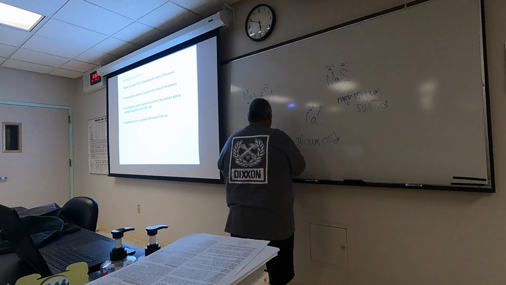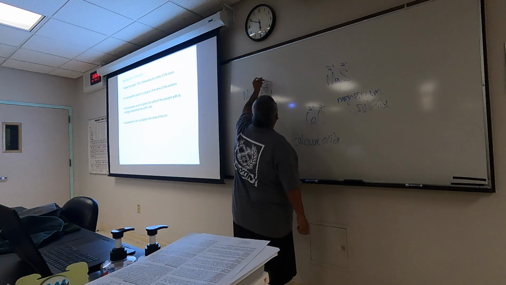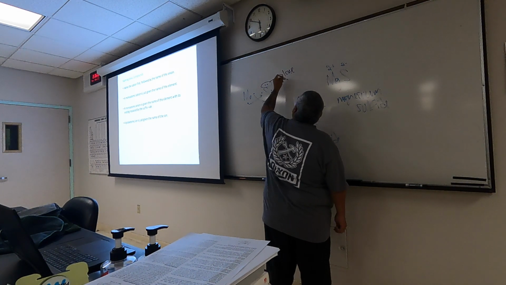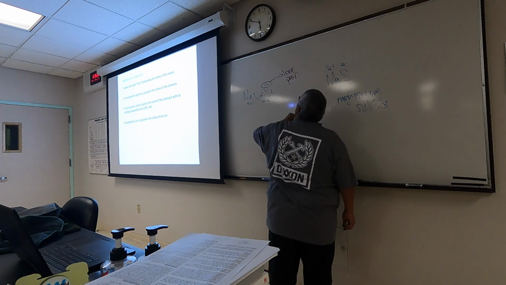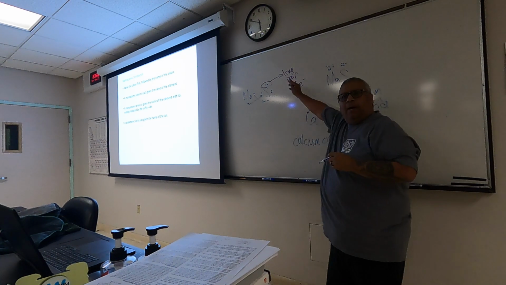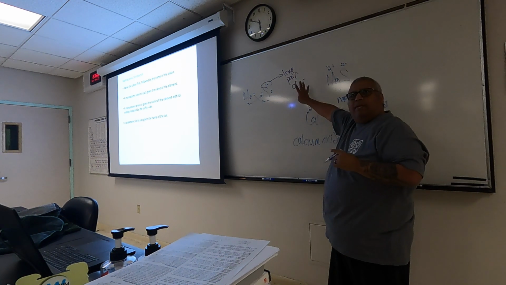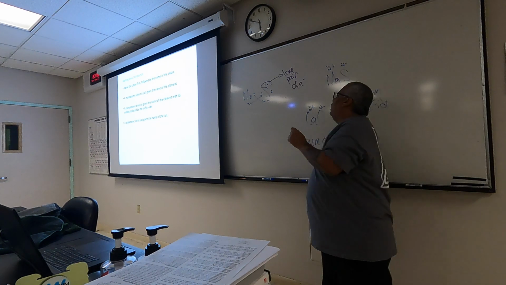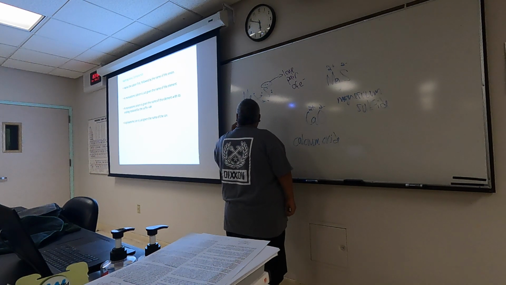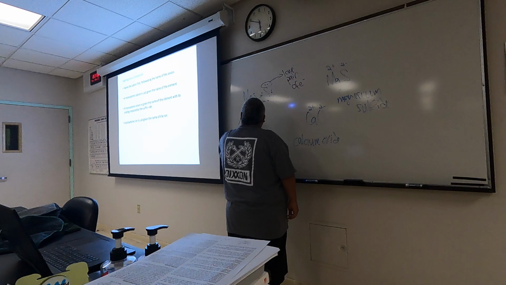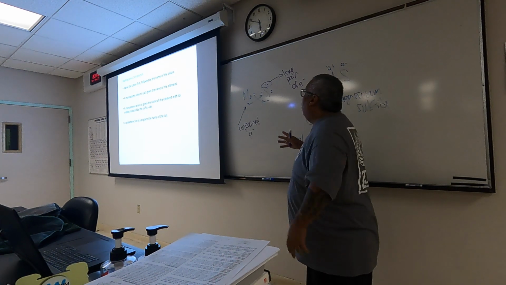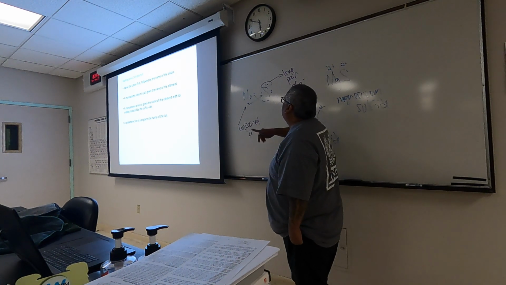So as far as paired and unpaired electrons, when we see electrons like this, this is what we call a lone pair of electrons. It is a pair. They're not bonded to anything. This is a lone pair of electrons. And this is what we call an unpaired electron.